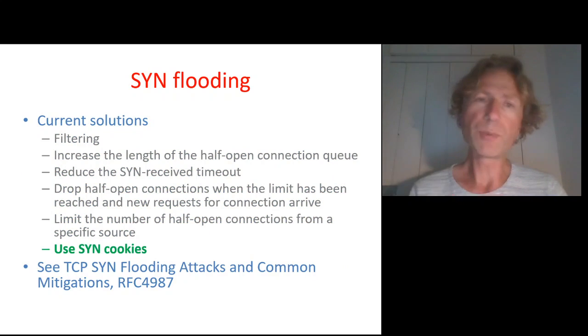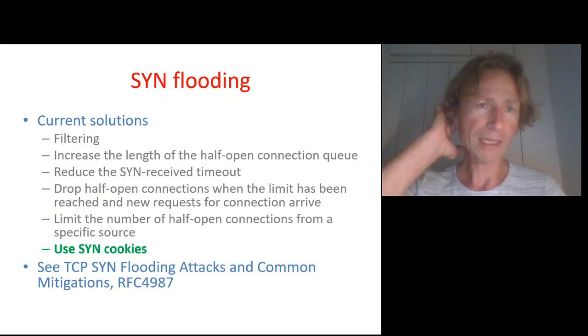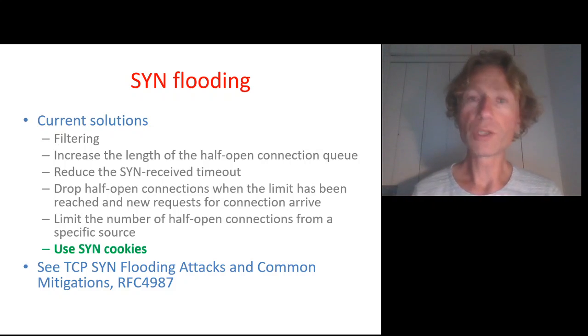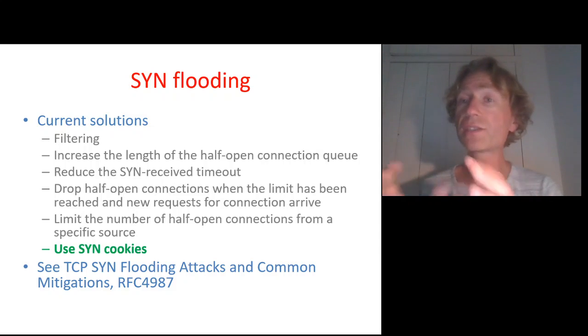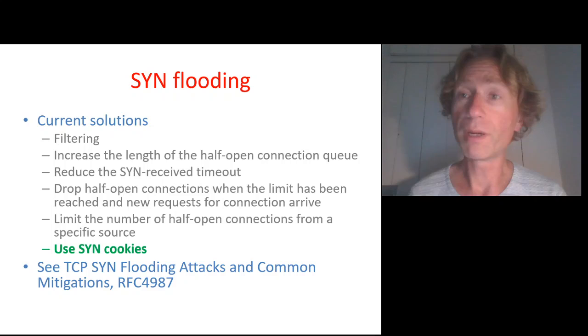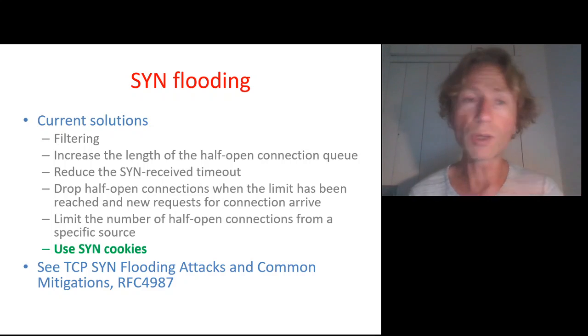There are many ways in which you could solve this. You could try to filter out some of these bad packets. You could increase the length of the half-open connection queue to be able to absorb more. You could reduce the timeout that you set, to cap the amount of time before you must receive one of these acknowledgements on your SYN-ACK.